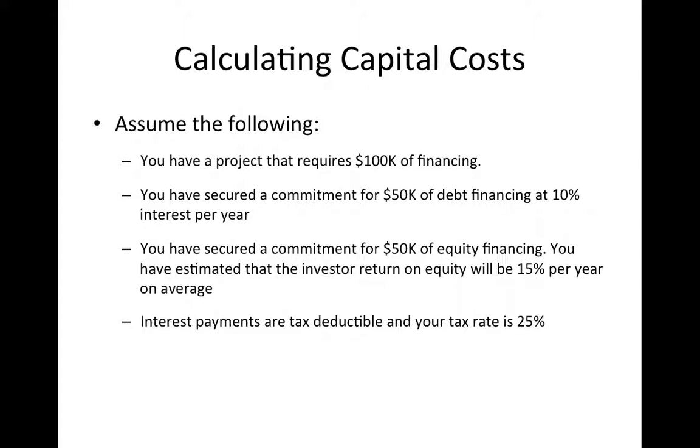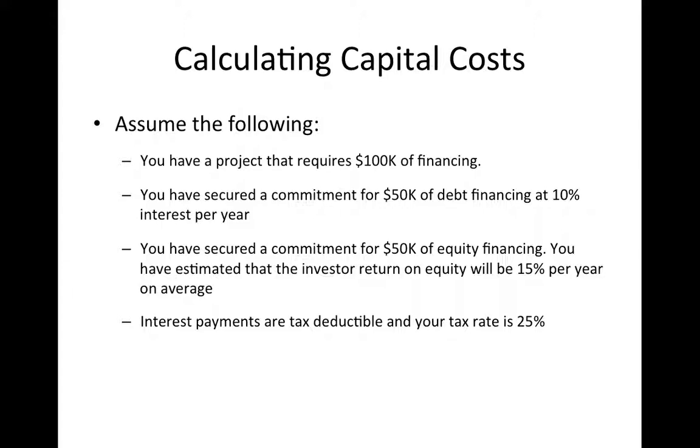And let's then assume that the other $50,000 that we need, so the total $100,000 that we're financing with, comes from somebody who is investing it as equity. As equity, they don't have a guaranteed amount like interest, but as we've discussed in other topics, you can estimate what their return on equity would be based on the structure of the deal, or the amount of money that you receive in return for what you give up.